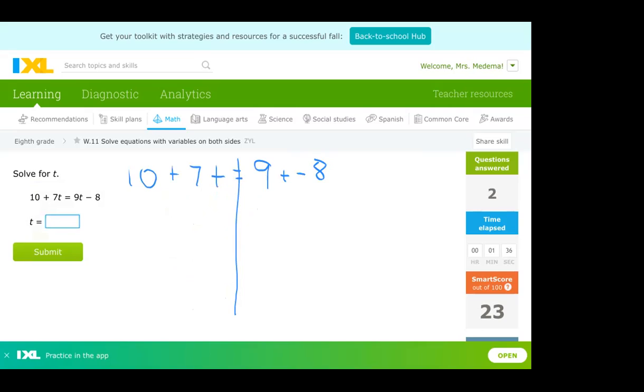I would move the smaller one. So 7 is smaller than 9. So opposite is to subtract. And I get 2t minus 8 equals 10. Opposite is to add the 8. 18 equals 2t. Divide away. And t equals 9.